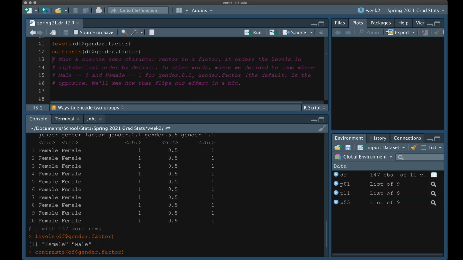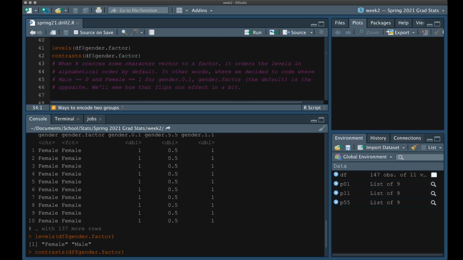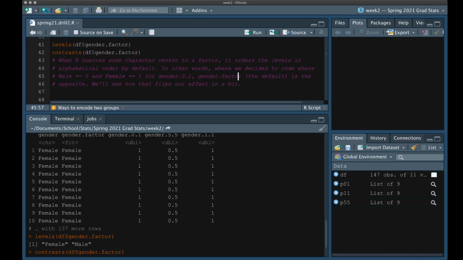Where we decided to code males as 0 and females as 1 in our dummy coded version, R coded females as 0s and males as 1s, because female comes before male alphabetically. So that's important to know, and we'll see how that flips our effect here in a bit.